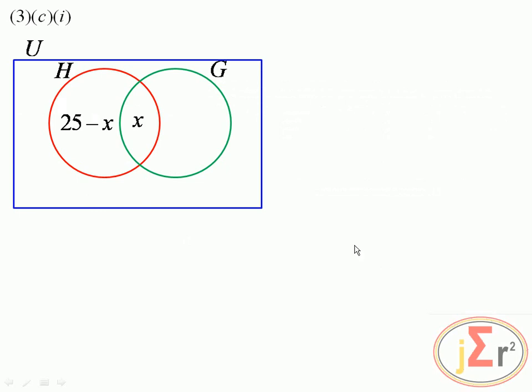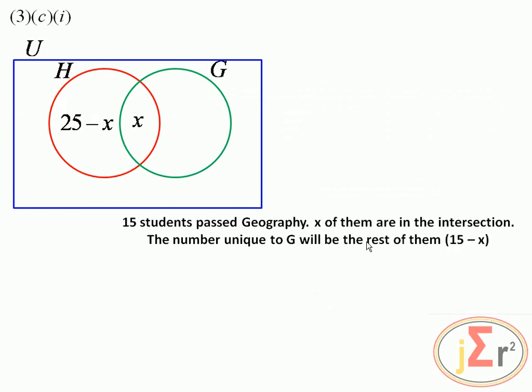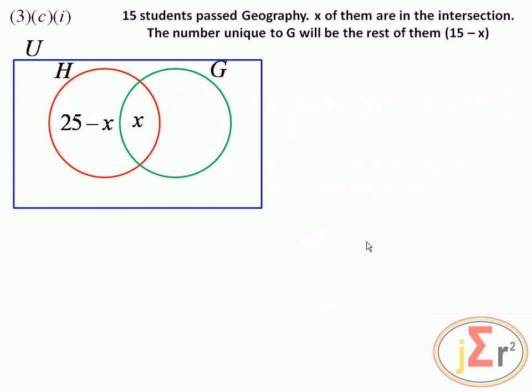And our set problem. 15 students passed geography. X of them are in the intersection. The number unique to G will be the rest of them. So we know that 15 students passed geography, and the set of those who passed geography is represented by this green circle.